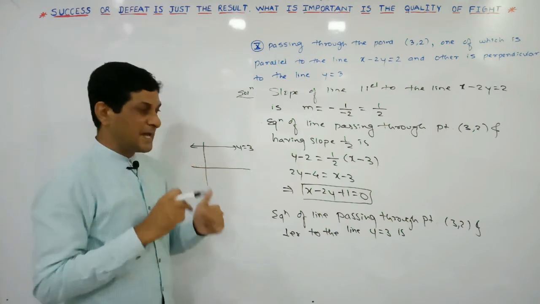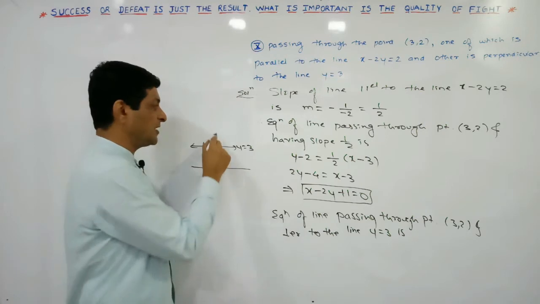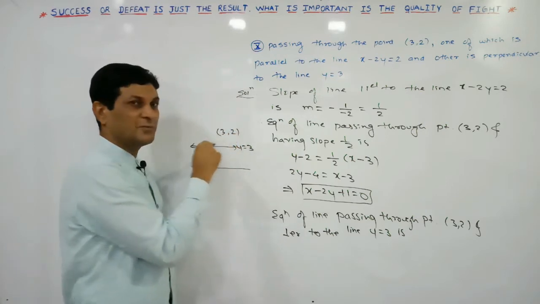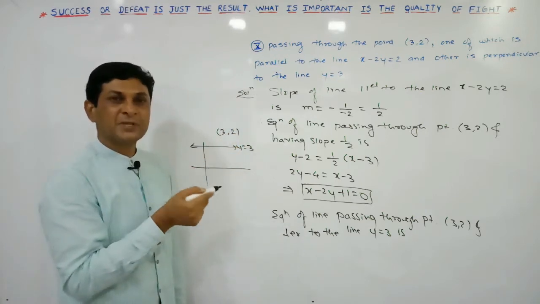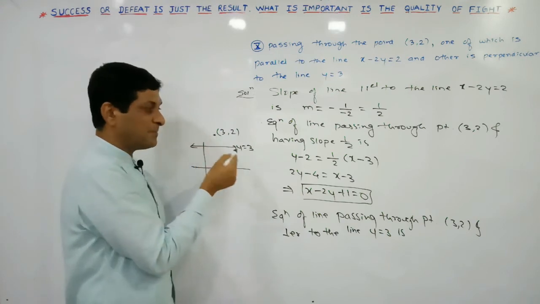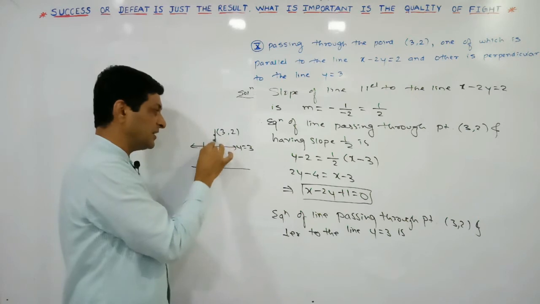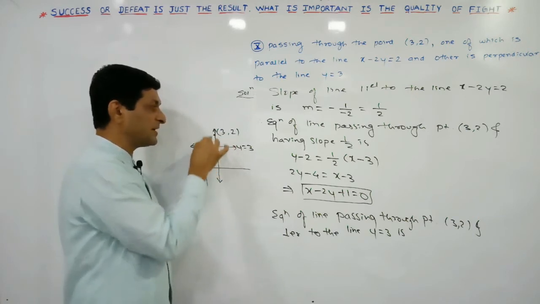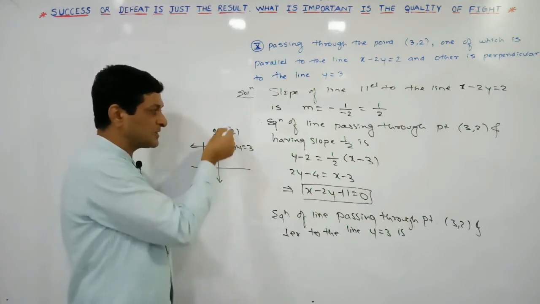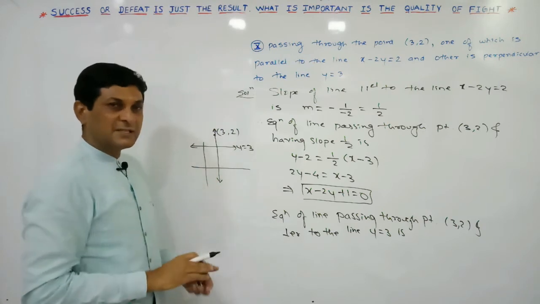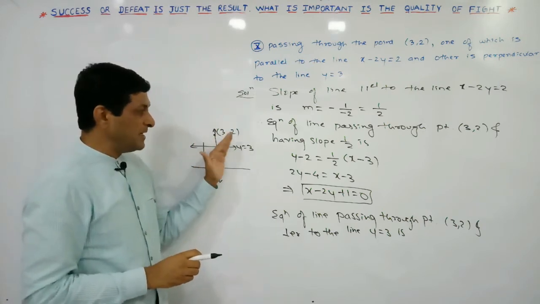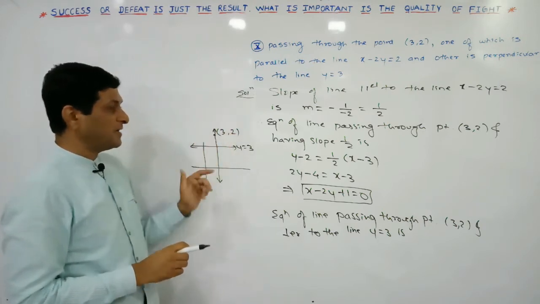Our required line passes through which point? 3, 2. So let us suppose that somewhere here we will get this point 3, 2. The line passes through this point and is perpendicular to which line? y is equal to 3. So this will be our required line, which is perpendicular to this line and passes through this point. Since our required line is perpendicular to this line, it is parallel to what?